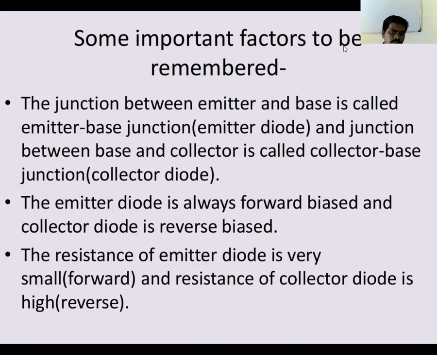Because it should allow a large quantity of holes and electrons to the base. So for these two quantities to flow, the resistance should be very small. And the resistance of the collector diode is high, means the lower part is always high.